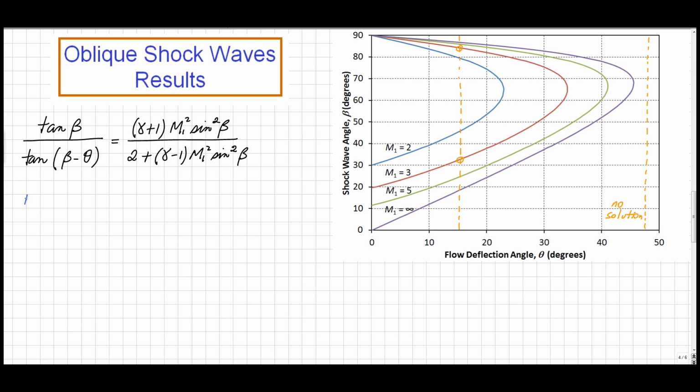So let's make a note. First important note is that for any Mach number M1 and flow deflection angle theta, either we can have two solutions, and we call those solutions the weak shock solution.